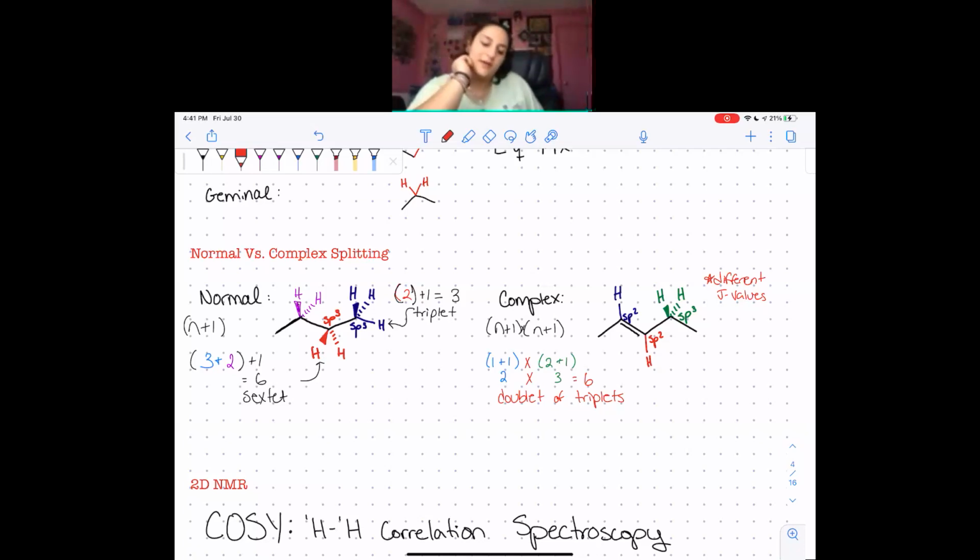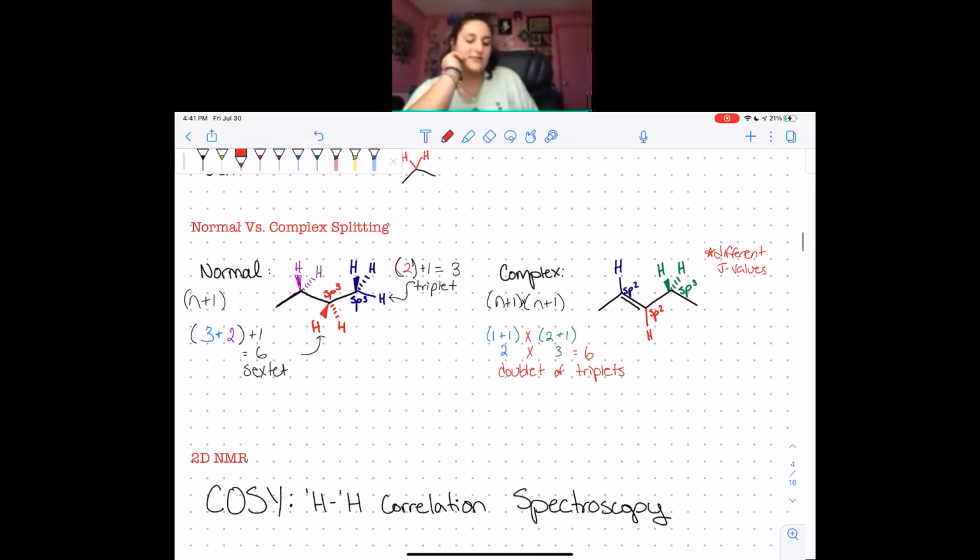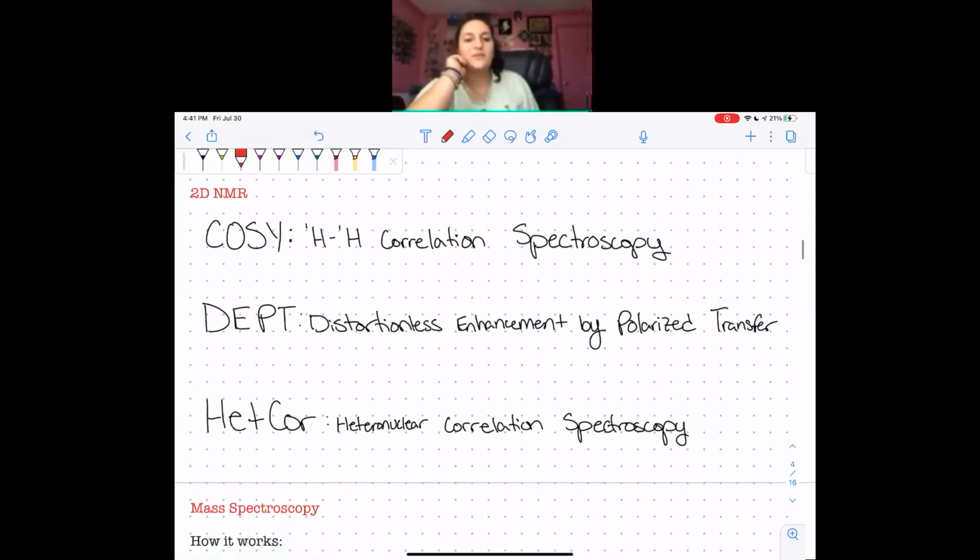All right, the last part of NMR that we're going to talk about is 2D NMR. This stuff is pretty straightforward. All you have to know about 2D NMR is that COSY is HH correlation. The way I remember it is you're just looking at 2 hydrogens that are next to each other. Those hydrogens are nice and cozy with one another, so we're going to use the COSY technique. DEPT is distortionless enhancement by polarization transfer, blah.